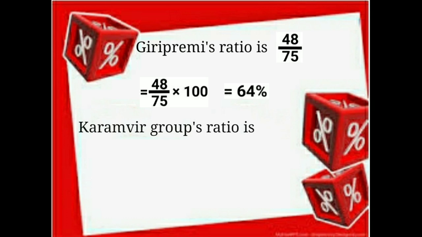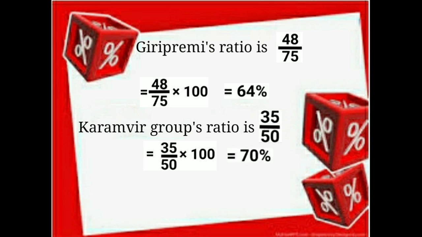Similarly, the Karamveer group's ratio of surviving trees to planted trees is 35 upon 50, which on being multiplied by 100 gives us the answer 70, which means from the trees planted by the Karamveer group, 70% survived.